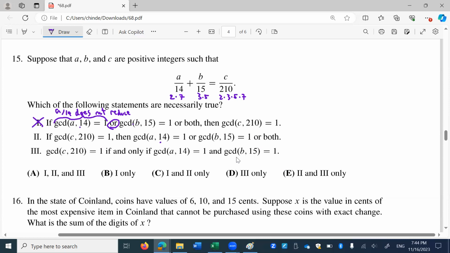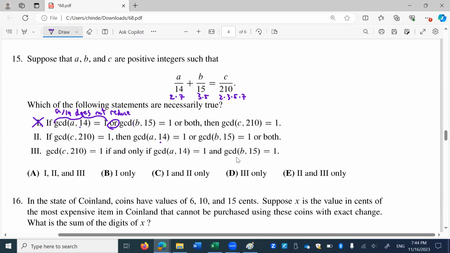And it looks like 2 and 3 are partial converses of 1. So if the fraction on the right does not reduce, then at least one of the fractions on the left does not reduce. Versus if the fraction on the right does not reduce, that is equivalent to both fractions on the left not reducing.